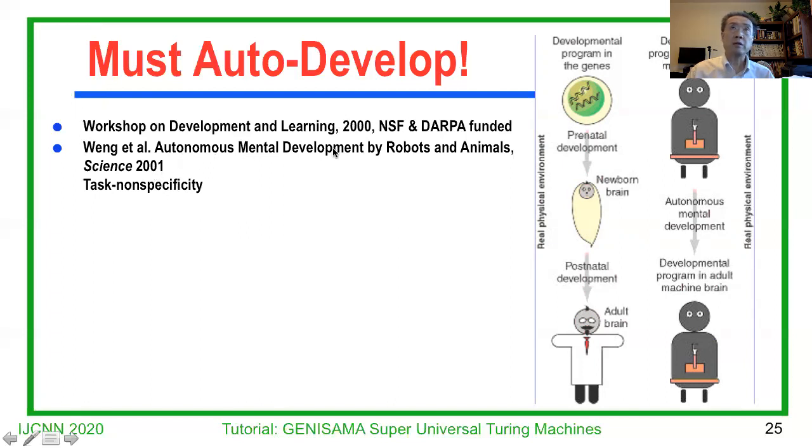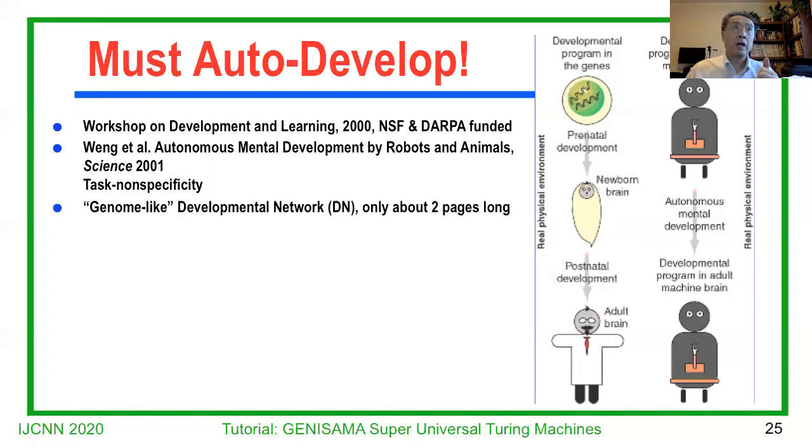It's autonomous development by robot and animal. The key idea, which is really, really new, is that learning must be task non-specific. And a single network like genome-like DN, Developmental Network, is only 2 pages long. And it simulates the function of genome.